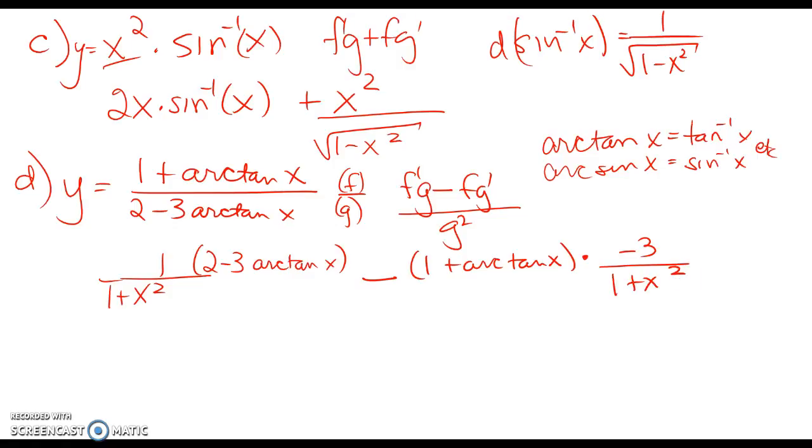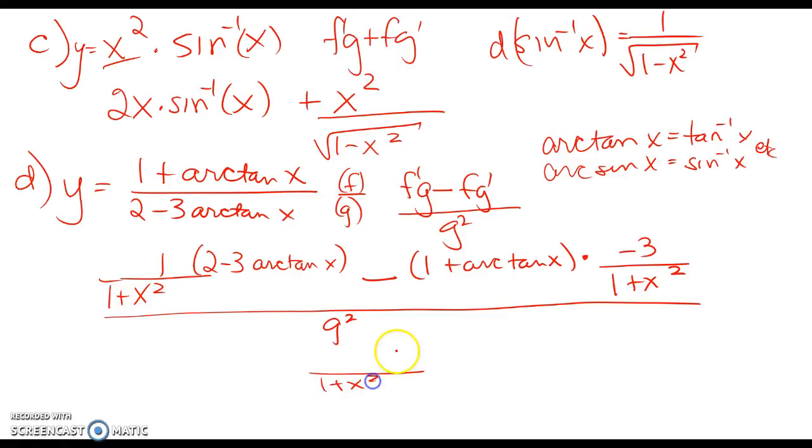So let's see what we have there. This is all over g squared, but let's look at what we have on the top. We have the same denominators here, don't we? So we will have 1 plus x squared on the bottom, but this will become 2 minus 3 arctan x.